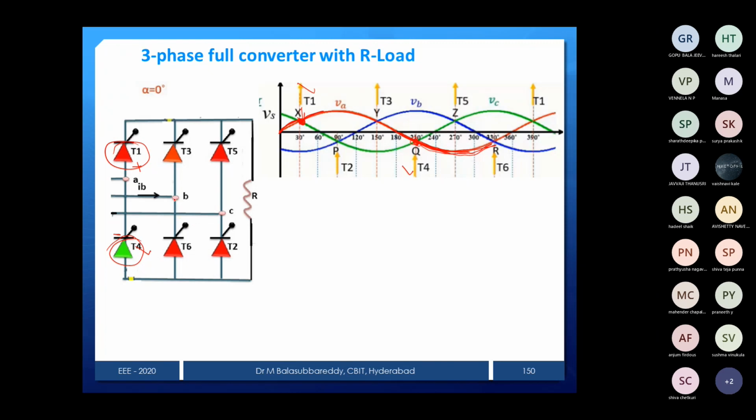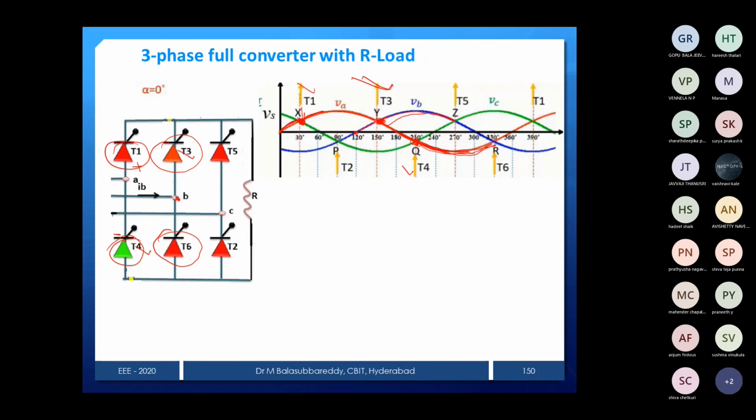What is happening there? B phase. So B phase more positive represents T3, more negative represents T6. Now I will consider B phase. Let it start here, and from this point onwards we are getting it as more positive. So that's why this area I will represent as more positive, connected to T3.